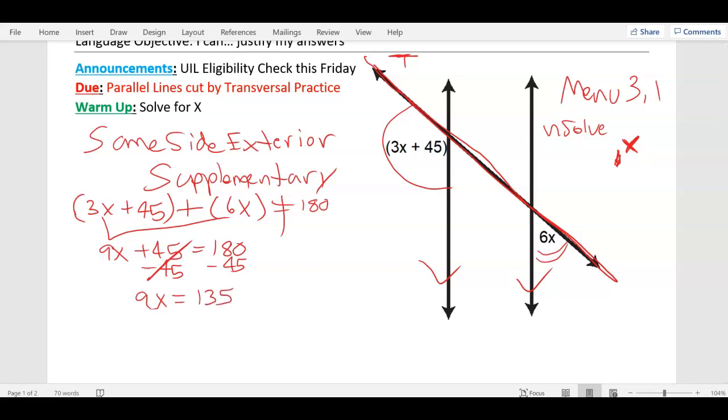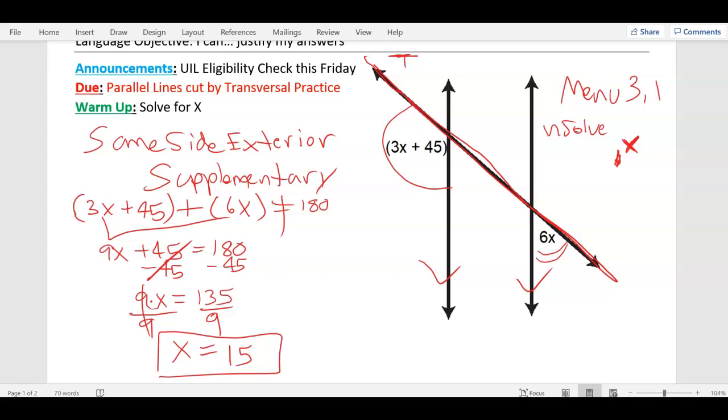And then 9 is a coefficient, which means it's being multiplied with x. So the opposite of multiplying is dividing. Divide by 9 on both sides. We get 15. If you do nSolve and type in the correct equation, comma x, you'll get the same answer, 15, okay?